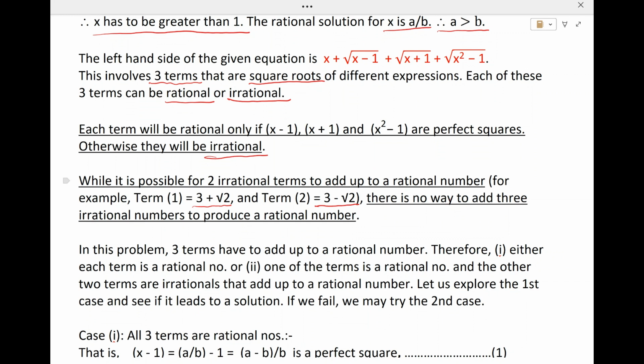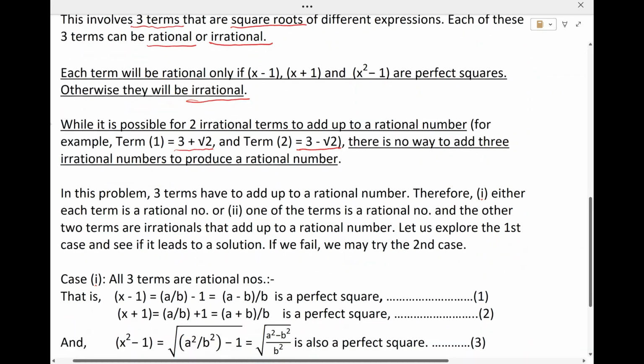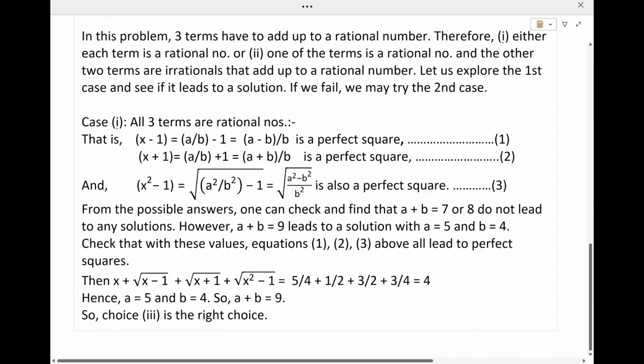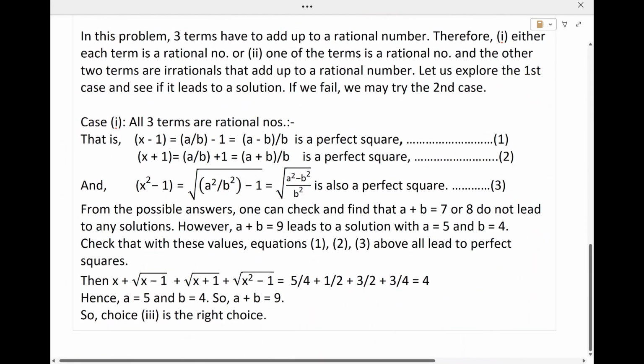However, there is no way to add three irrational numbers to produce a rational number. In this problem, three terms have to add up to a rational number.